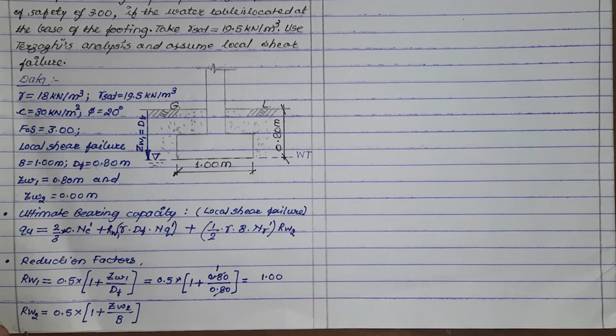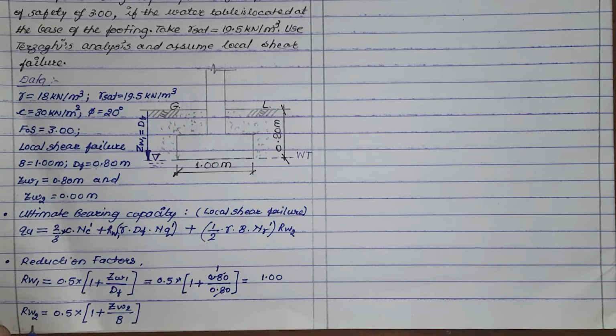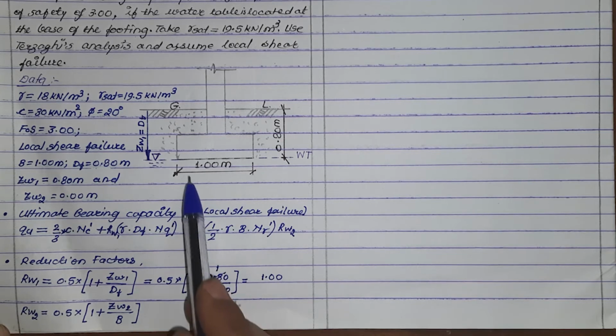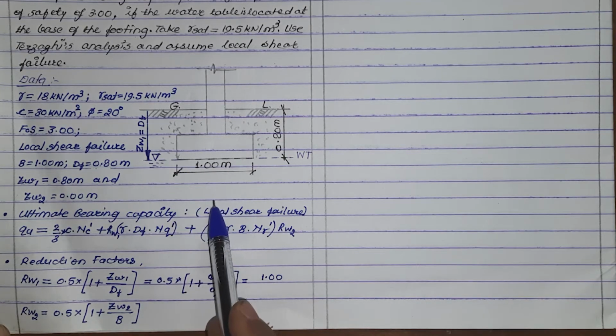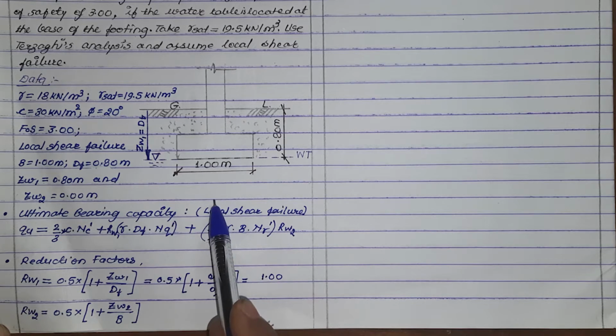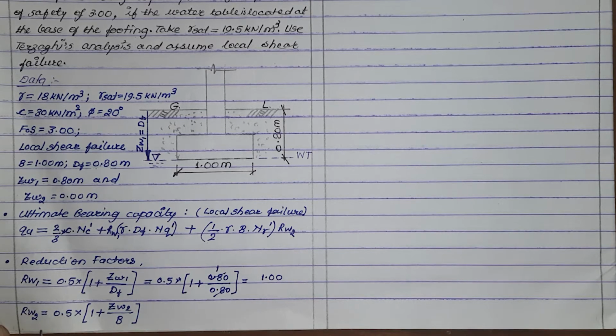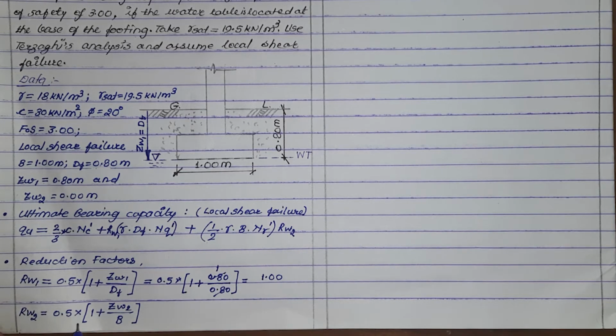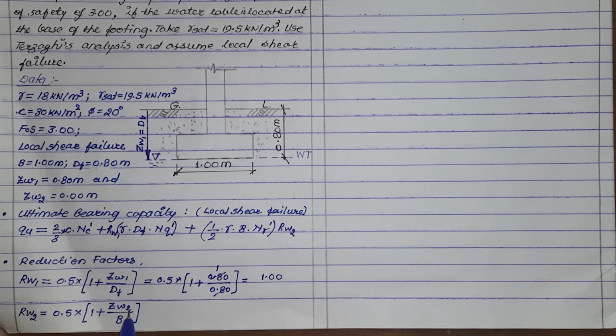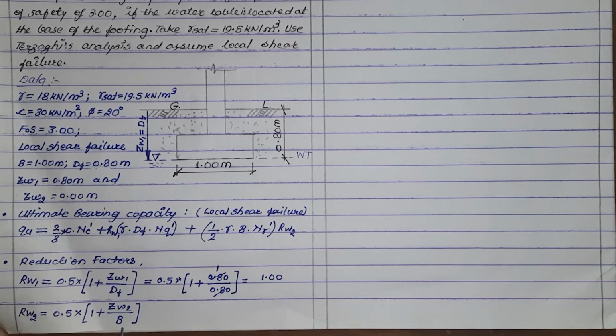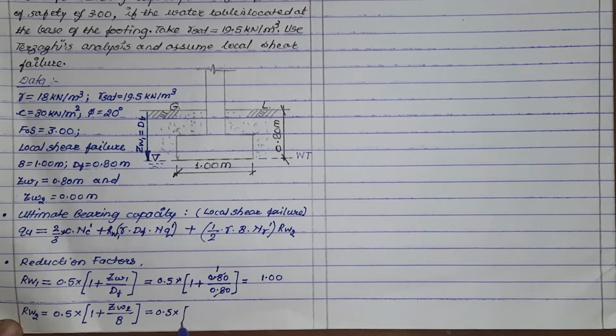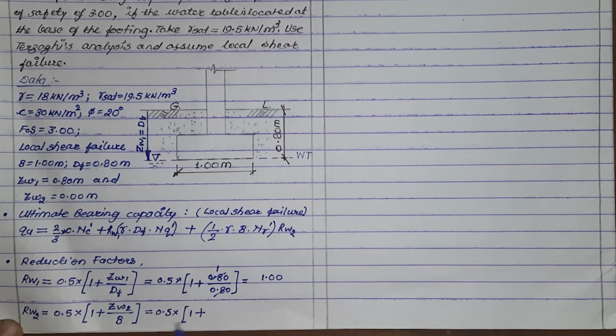Similarly, we have to find out RW2. RW2 is reduction factor which is connected to the elastic wedge which lies below the foundation. Hence it is written as 0.5 multiplied by 1 plus ZW2 divided by capital B. Here ZW2 is the depth of water table below the base of footing.